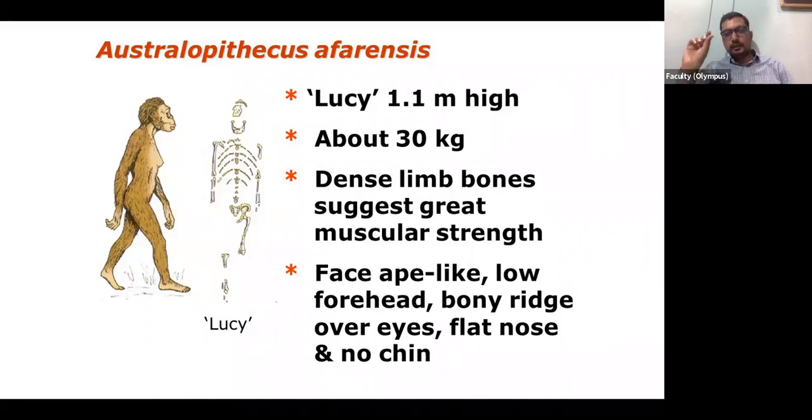Write down only the keywords. I was telling you, shorter, 1.1 meters, less heavy, 30 kgs, strong limb bones, ape-like features. Those are the key points you have to write. The remaining details you will find in the resource I'm going to give you. The structure is enough.